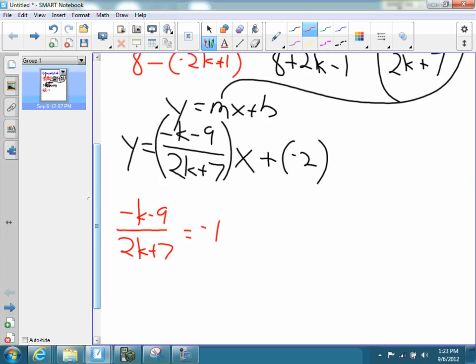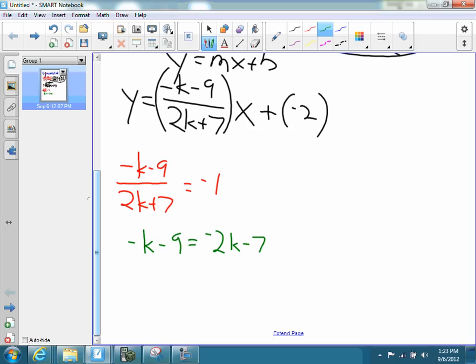So let's work out the algebra here. I'm going to multiply both sides by 2k plus 7 to get rid of the denominator. I will have -k minus 9 equal to -2k minus 7.